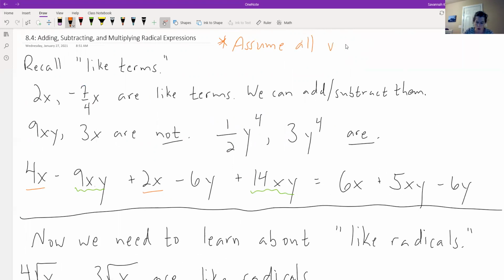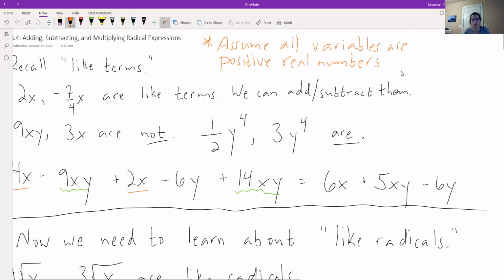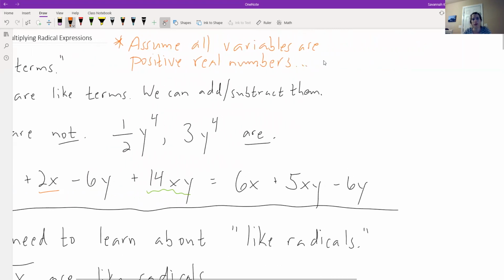So assume all variables are positive real numbers, they say. It's this little thing we have to have anytime we start taking square roots or fourth roots, any even numbered roots. Specifically, no absolute value bars needed.